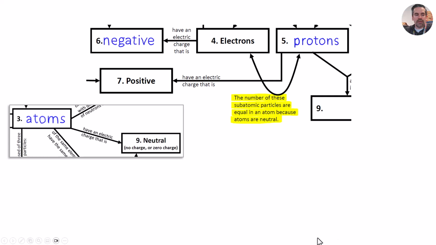If you go up to the top to number 3 and go over to 9, we know atoms have an electric charge that is neutral or 0. That means that the number of electrons, which are negative, must equal the number of protons, which are positive, in an atom because atoms are neutral. That just makes sense.